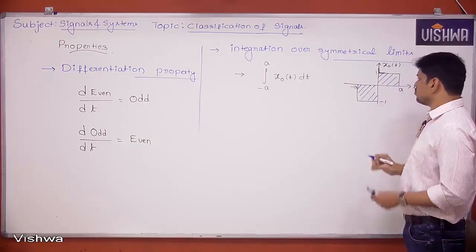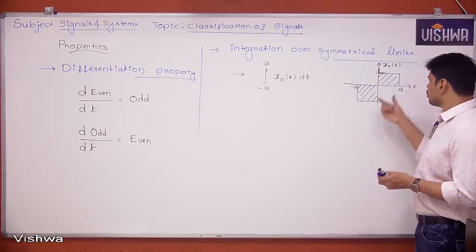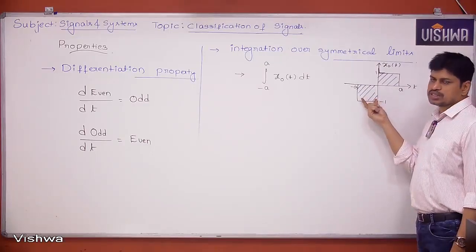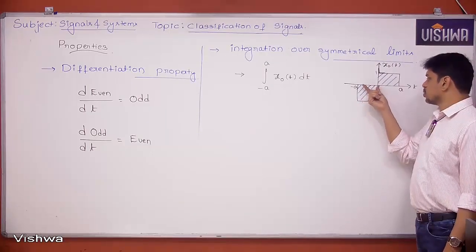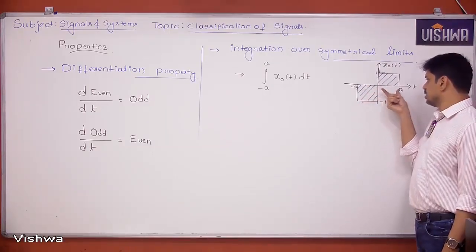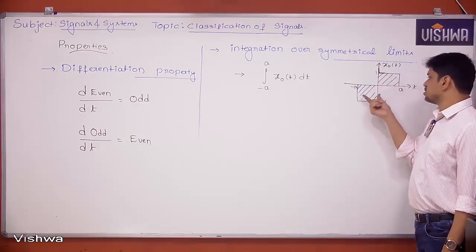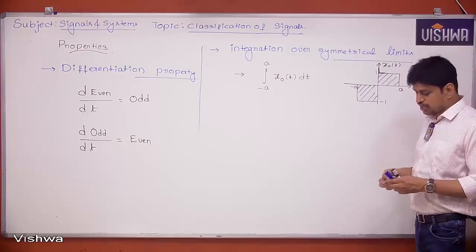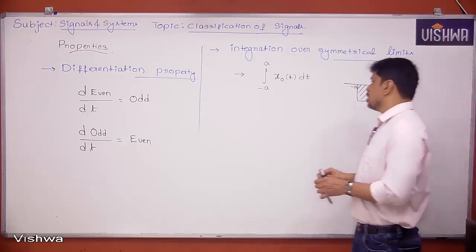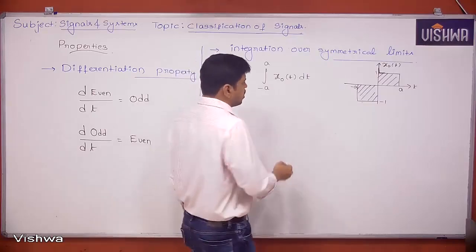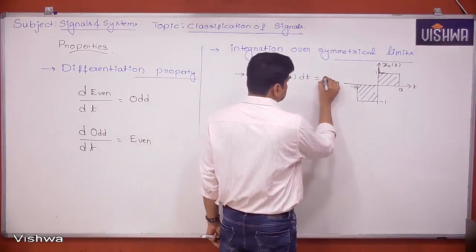If you observe carefully, the area we are going to get is a positive value here, and a negative value here. So this is a, this is minus a. If you add them, what are we going to get? 0. So remember, whenever you integrate an odd signal over a symmetrical limit, the result is always 0.